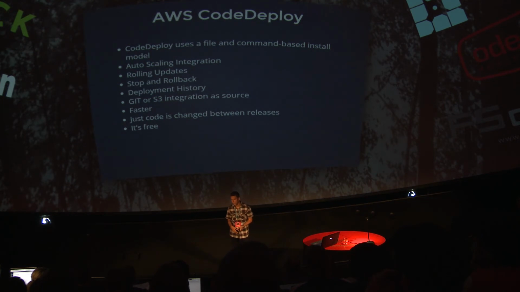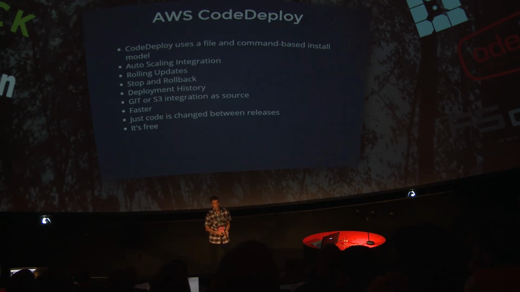You can monitor this deployment, and you can stop it and roll back in case you see something wrong. You also have deployment history. CodeDeploy integrates with Git or S3 as a source. For example, if you're using S3, you will just give the path to S3, which is a zip version of your code. During this change, only the code is changed, but it's a much faster way.